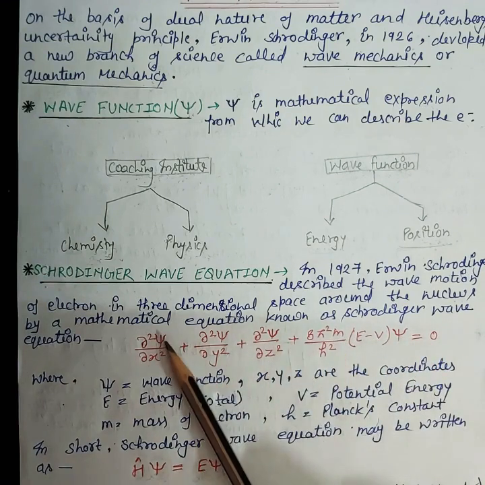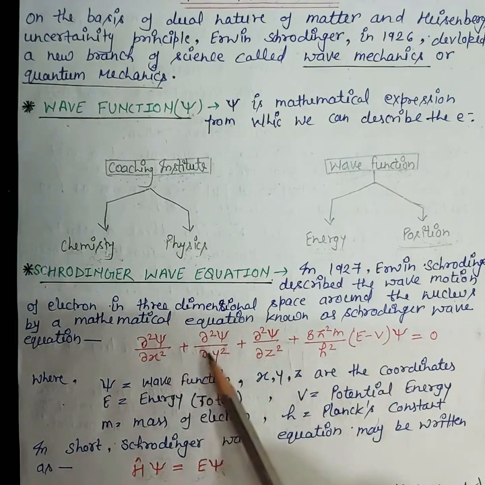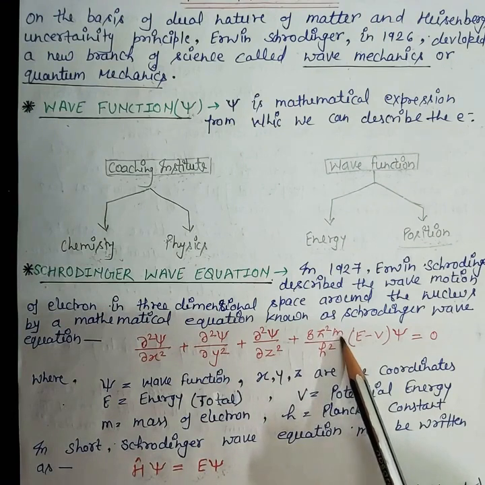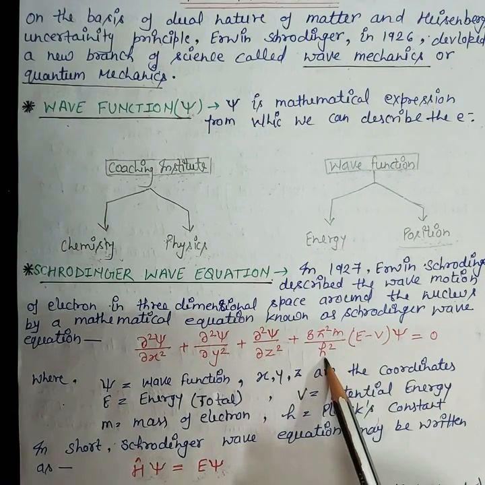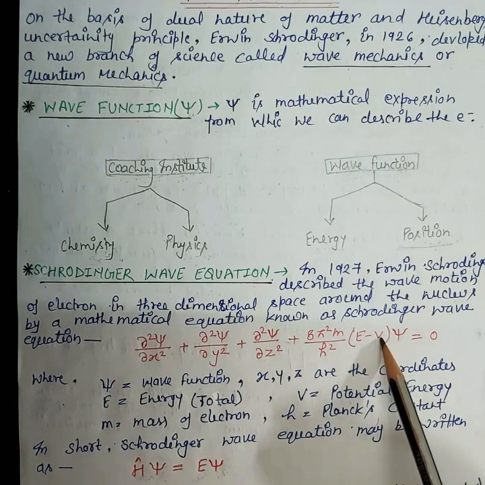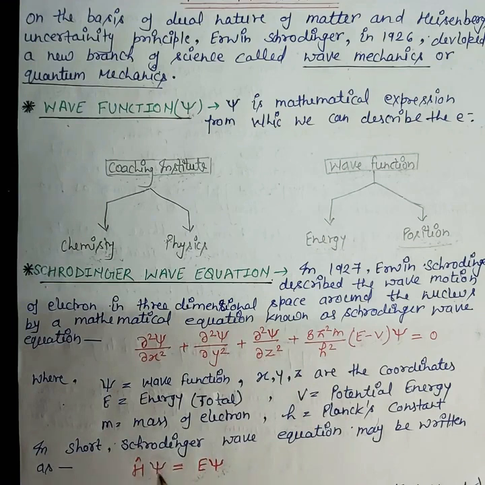In this equation, psi is the wave function, x, y, z are the coordinates, m is the mass of the electron, h is Planck's constant, E is total energy, and V is potential energy. You can write this equation in short as H cap psi equals E psi.